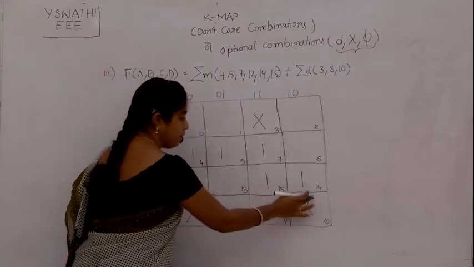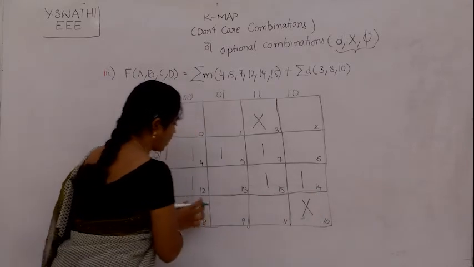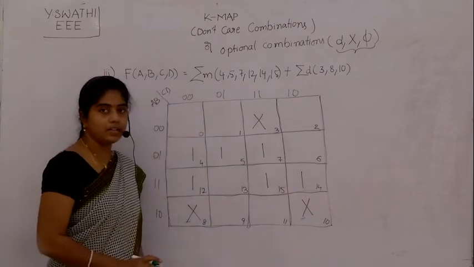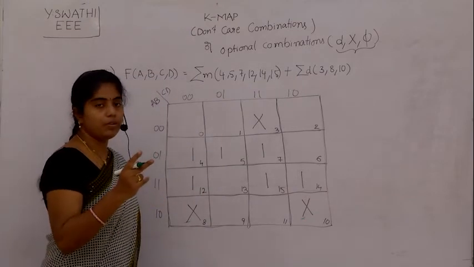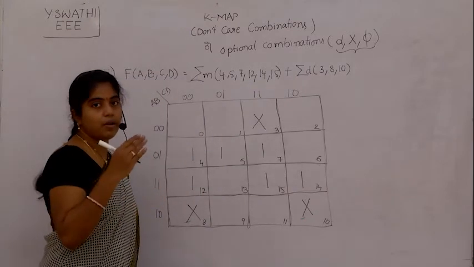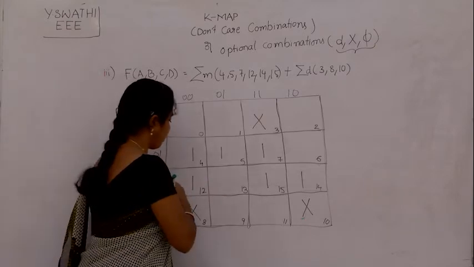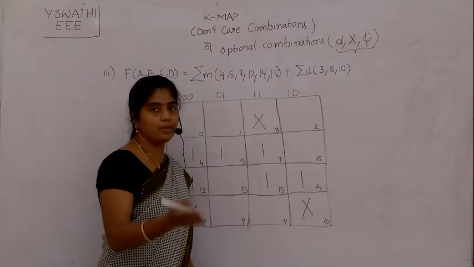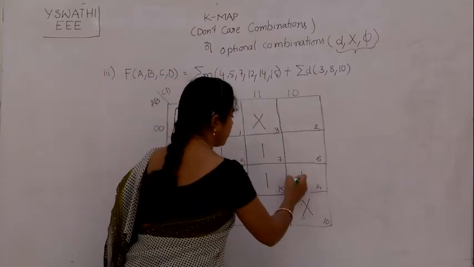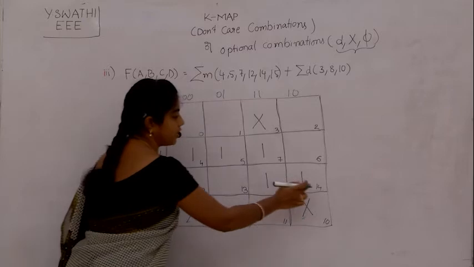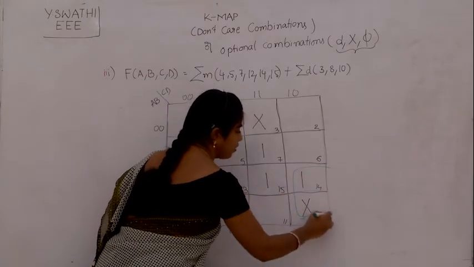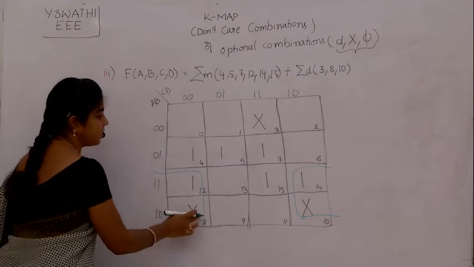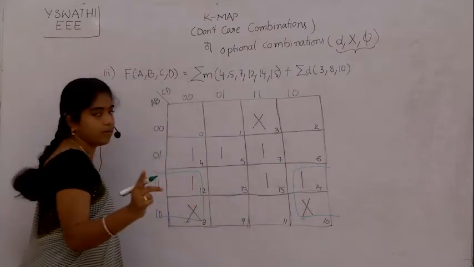Without adding these two don't cares we can pair this 12 and 14, but forming a quad will reduce our expression further compared to the pair. So instead of pairing these two 12 and 14 we will group these 4, because it reduces our expression further by taking these don't care conditions as 1.